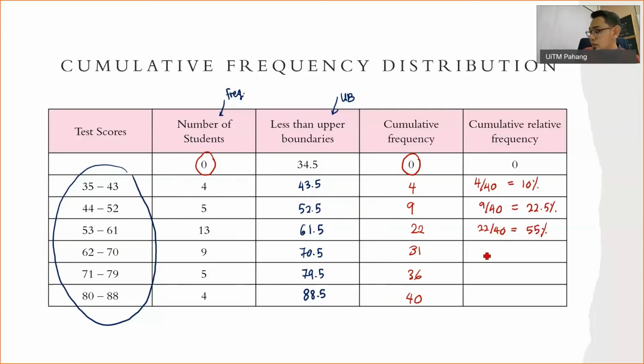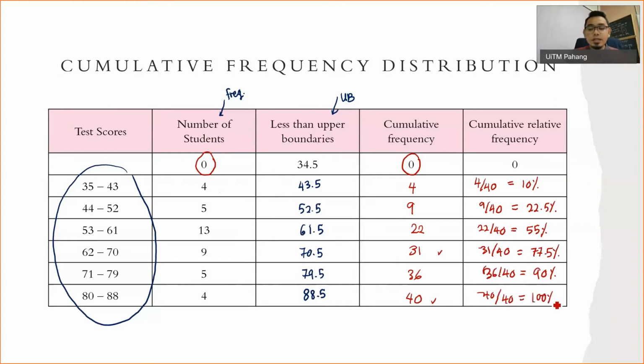The next one will be 31 over 40. You take this number and divide by the total, which will be 77.5. You can calculate this using your calculator. And then you have 36 over 40, which will be 90%. And the last one will have 40 over 40, which will be 100%.